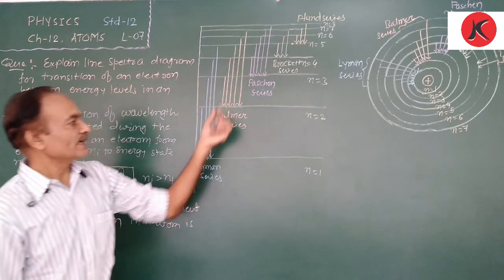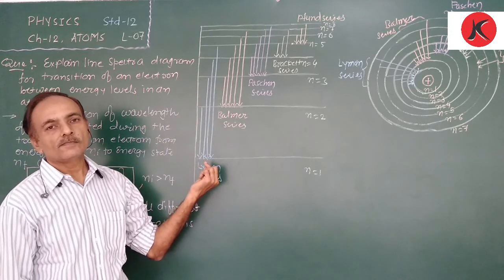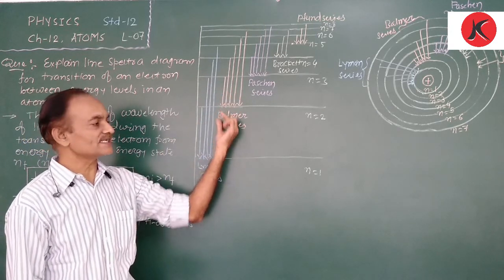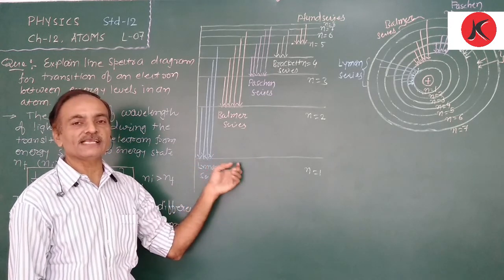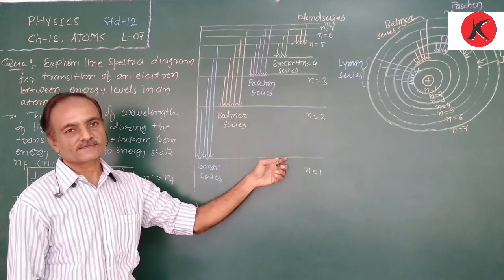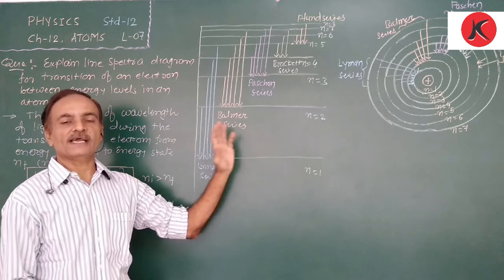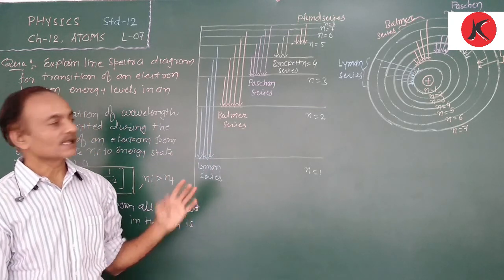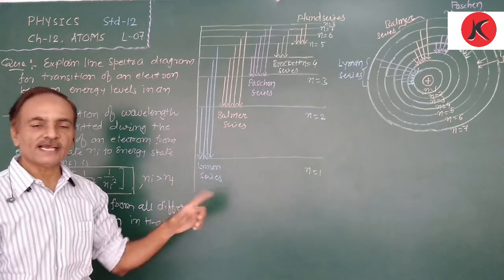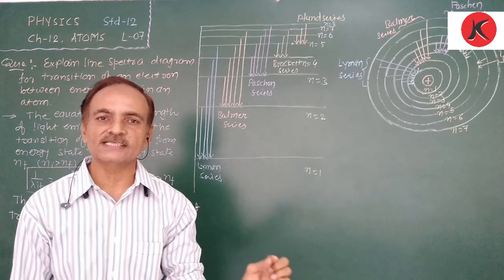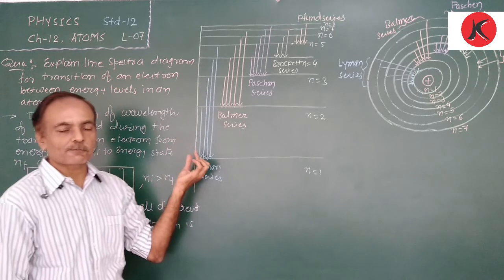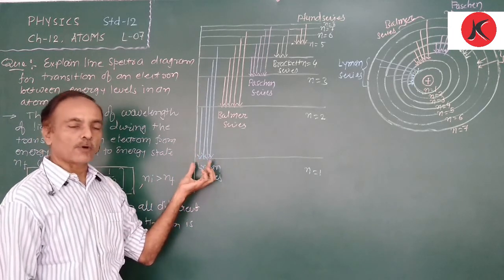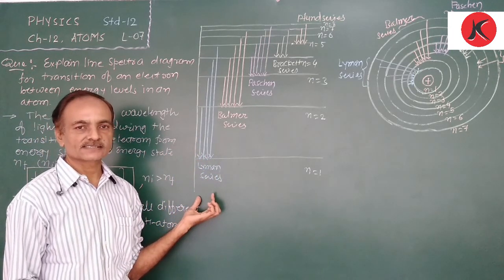When the electron makes the transition from any orbit or energy state to the ground state, or the n equal to 1 energy state, due to the energy difference, a photon having the energy difference between these two energy states is emitted. The wavelength of this photon falls in the Lyman series.